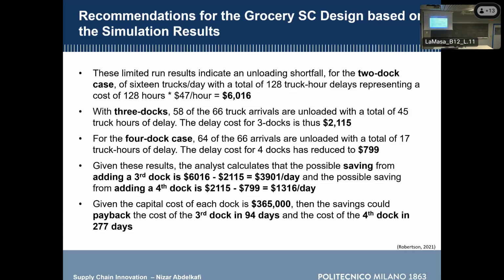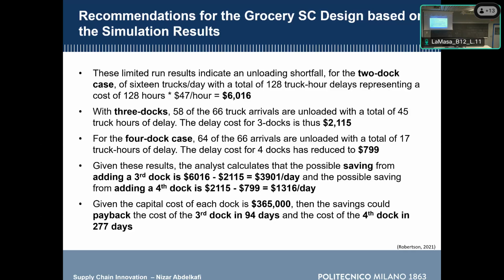For the 4 dock case, 64 out of 66 arrivals are unloaded with a total of 17 truck hours of delay, and the delay cost for 4 docks has reduced to $799 per day. Given these results, the analyst calculates the possible saving from adding a 3rd dock.